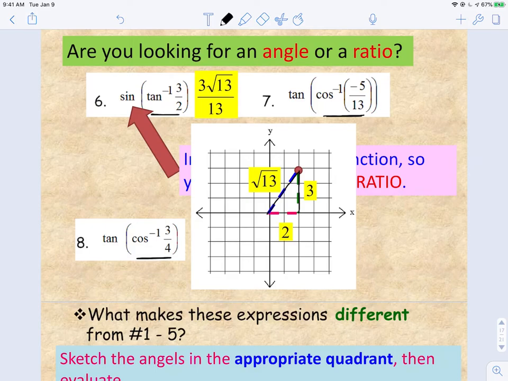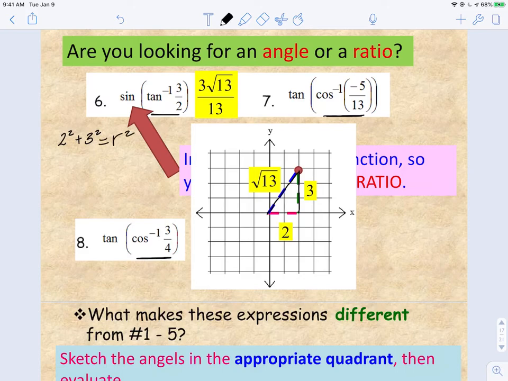And if you use the Pythagorean theorem, you know that 2 squared plus 3 squared is equal to r squared.